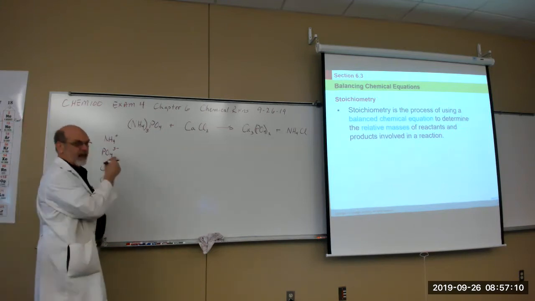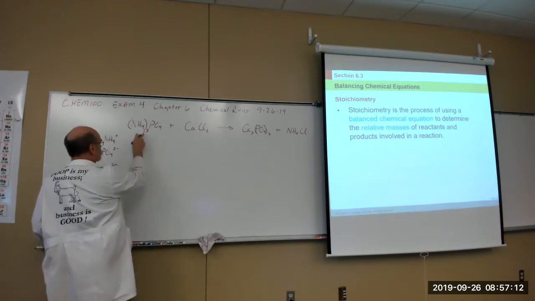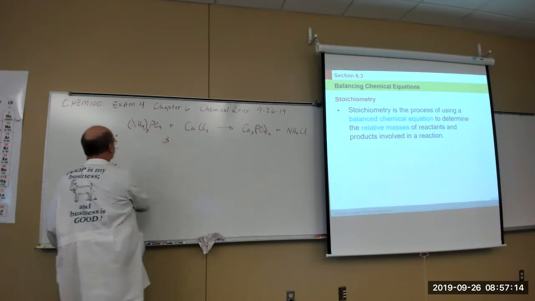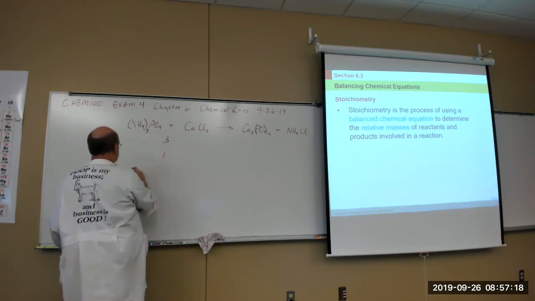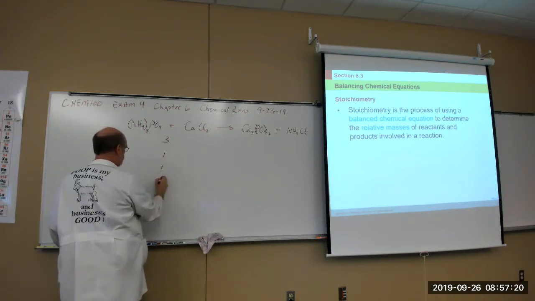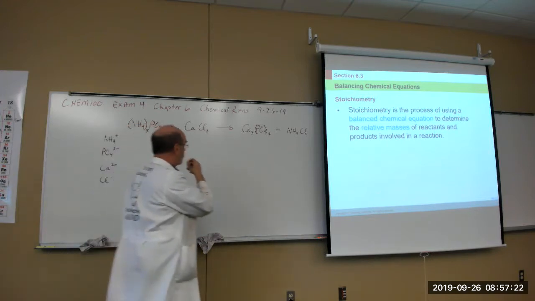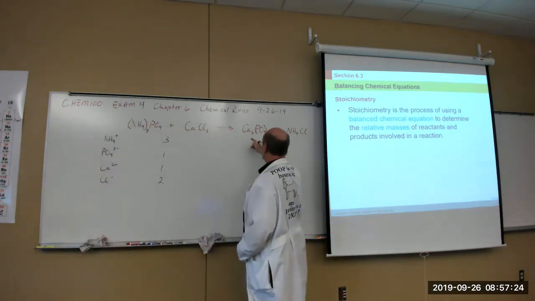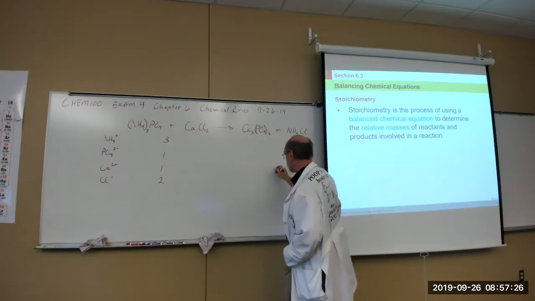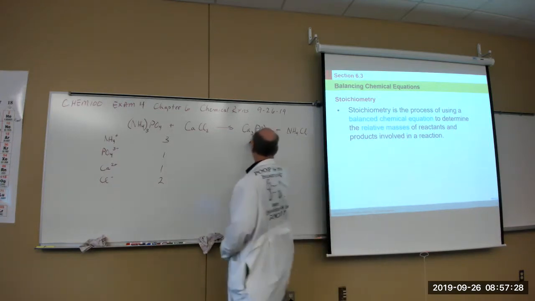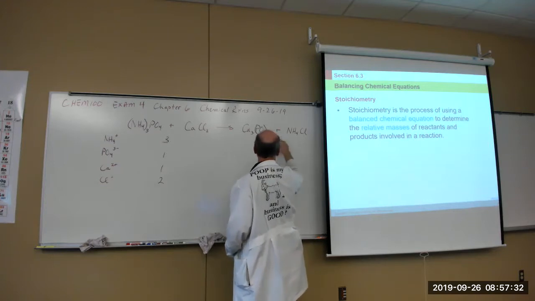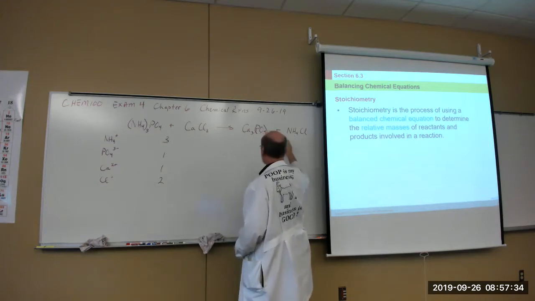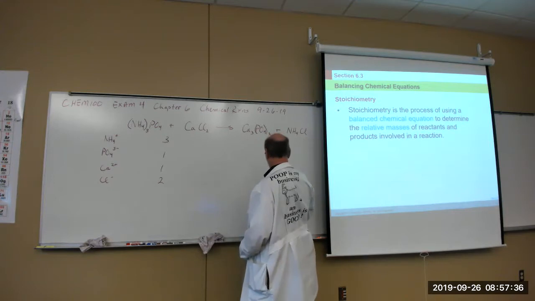So now we do our tally. So we've got 3 ammoniums, 1 phosphate, 1 calcium, and 2 chlorines. On this side, we have 3 calciums, phosphate, 2, 1 ammonium, and 1 chloride.